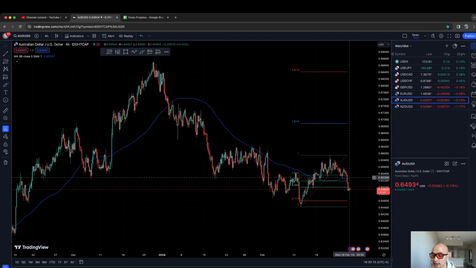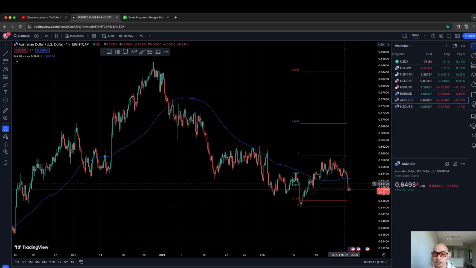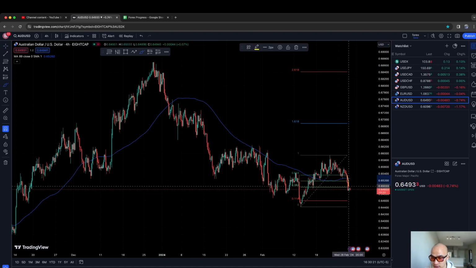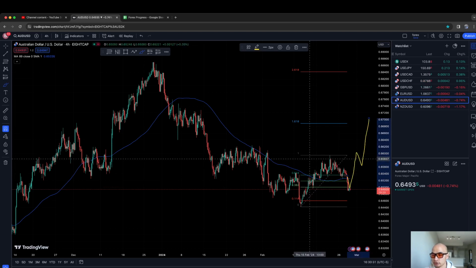For that, my ideal expectation, the Aussie is behaving really nicely. You see, we have 3 and 4 candles. It barely touched the Fibonacci retracement of 0.38. Then I expect a quick recovery like this and return to the original trend.